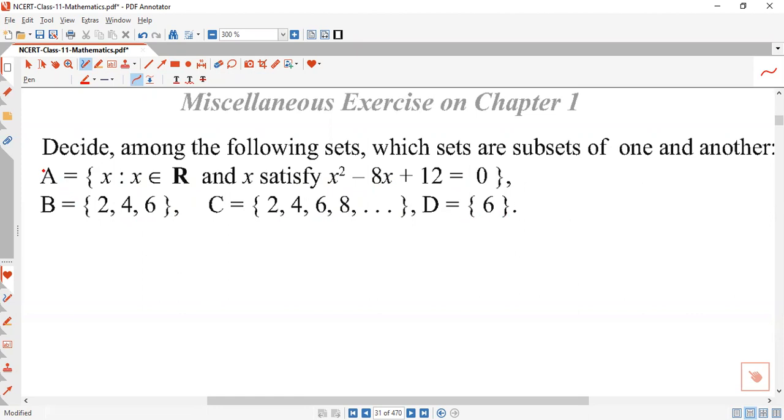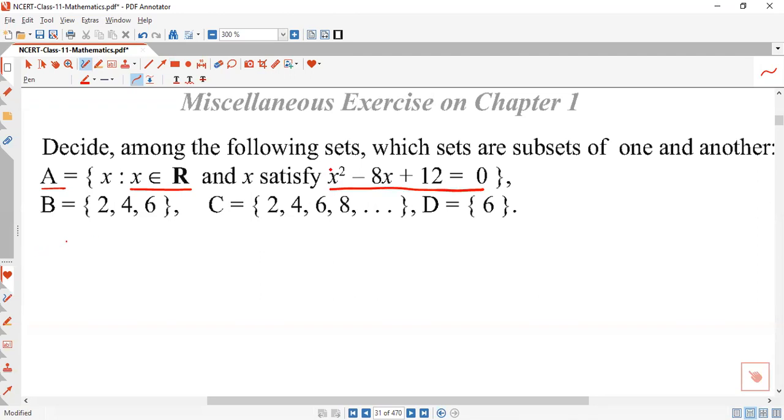See, the set A is written in the set builder form. First, we convert set A into the roster form. So I write for set A, x belongs to real numbers, and both conditions should be satisfied, that it satisfies this equation.